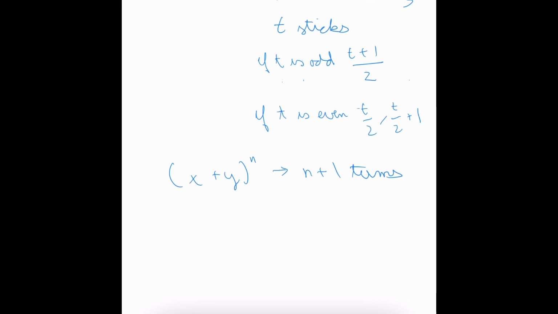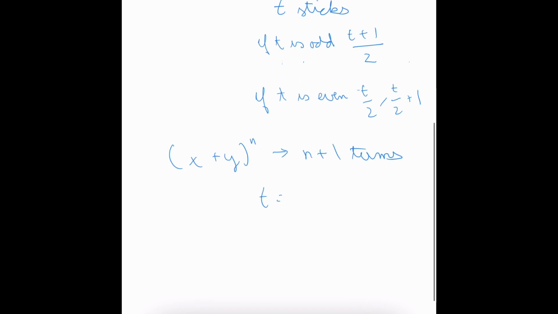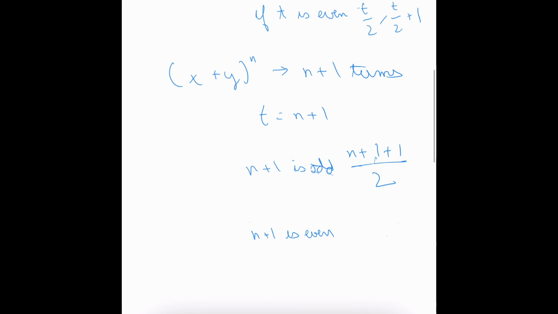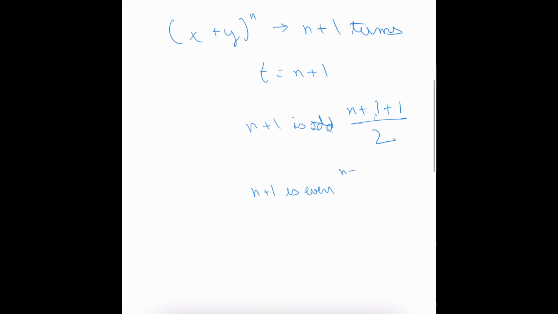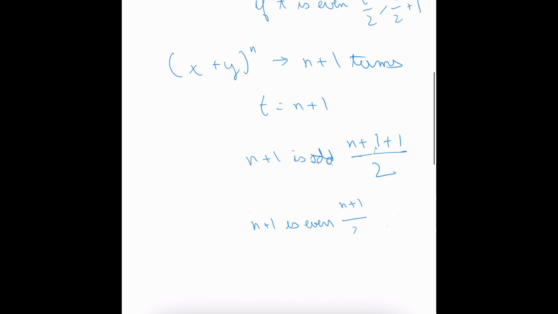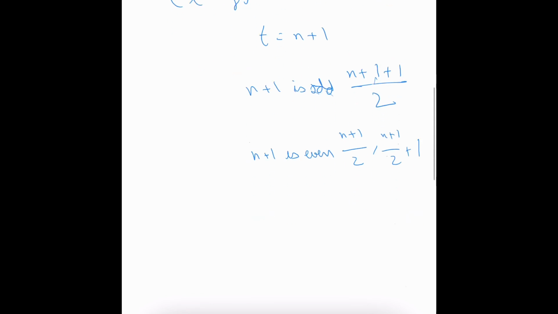Basically we can keep t as n plus 1. So our formula would be: if n plus 1 is odd, then the middle term is (n plus 1 plus 1) upon 2; similarly, if n plus 1 is even, our formula would be (n plus 1) upon 2 and (n plus 1) upon 2 plus 1.